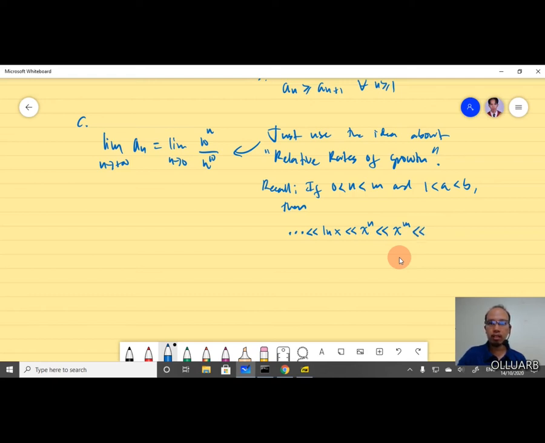But x to the m is slower than a to the x. Yes, x to the m is slower, and a to the x is slower than b to the x.